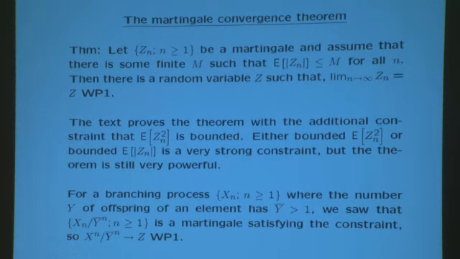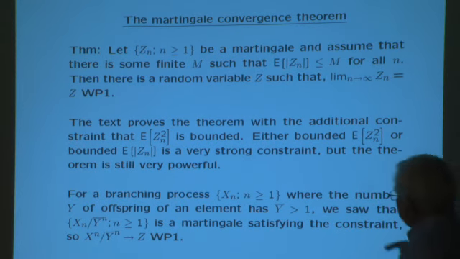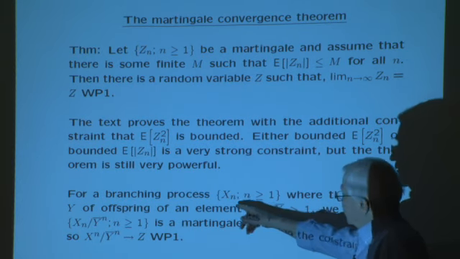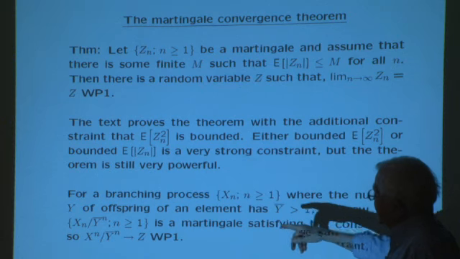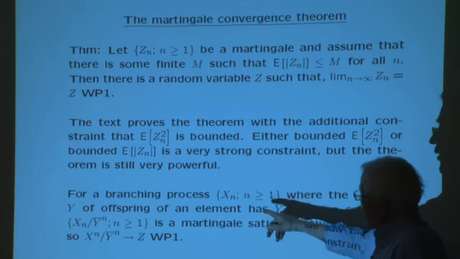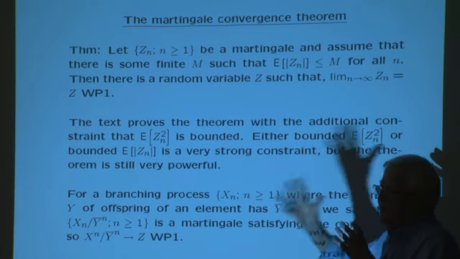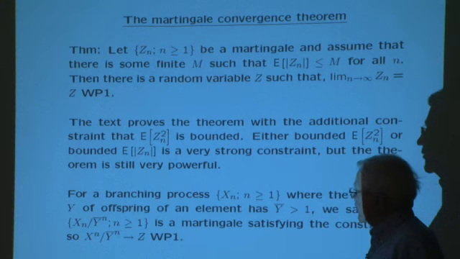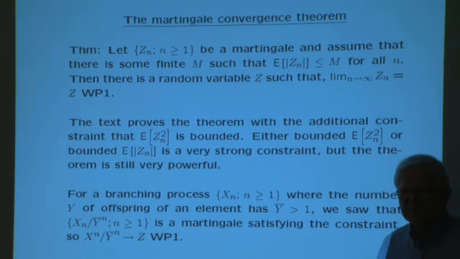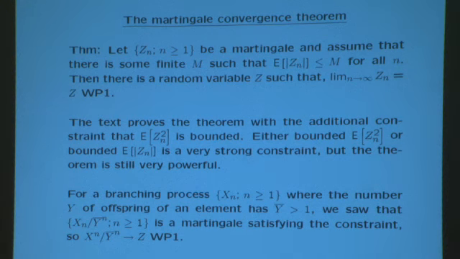Each element at each time has a random number of offspring which is independent of time, independent of all the other elements, and it's a random variable Y. So the expected value of X sub n is going to be X sub n minus 1 times the expected value of Y, because X sub n minus 1 is the number of elements in the n minus first generation. Y bar is the expected number of offspring of each one of them.